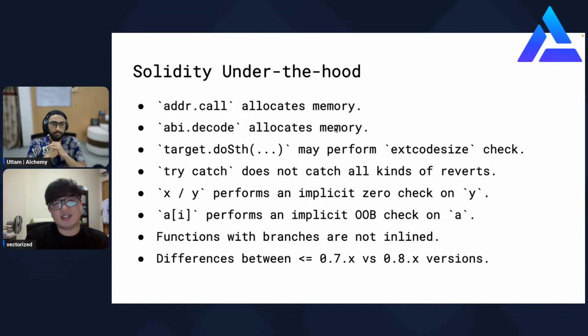Unless this function returns a variable, then it will use the return data size to check whether the contract exists instead of using extcodesize. Then you also need to understand the limitations of try/catch and all this stuff.